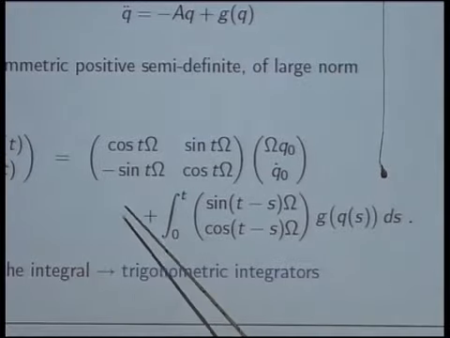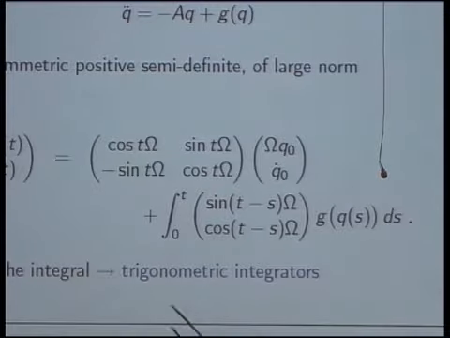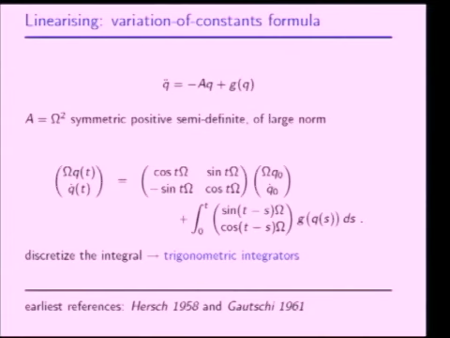Now use this formula just over one time step and replace this integral by a quadrature formula, and then you will get something which falls into the class of so-called trigonometric integrators. Well, the name just comes from the cosines and sines appearing here.